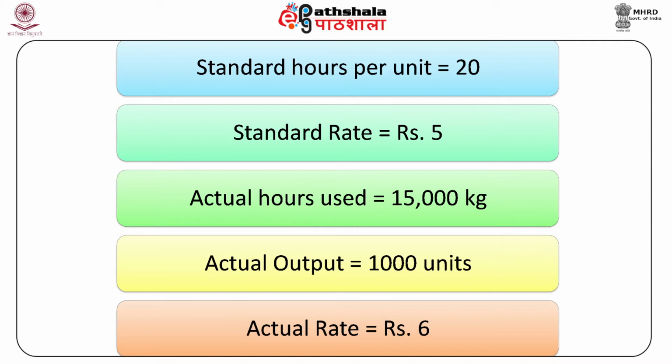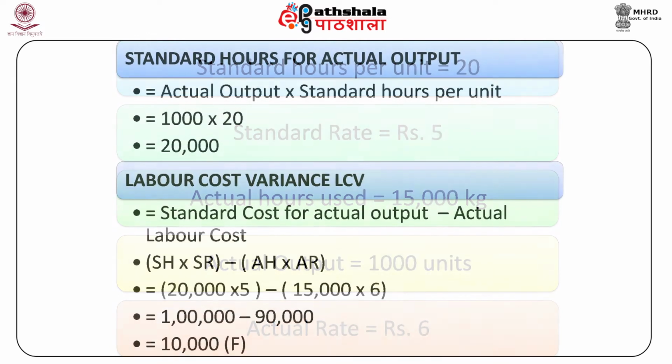Let us understand this concept with the help of an example. Let us calculate labor cost variance from the given information. Standard hours per unit are 20, standard rate 5 rupees, actual hours used 15,000, actual output is 1000 units, actual rate is 6 rupees.